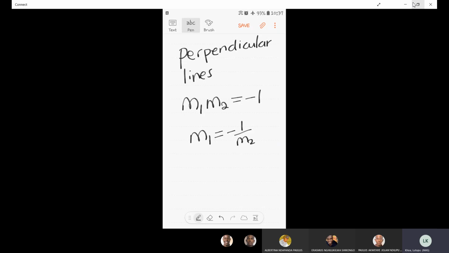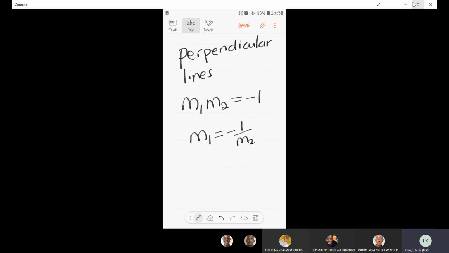I also mentioned that perpendicular and parallel are not, it's not one or the other. You can have lines that are not parallel as well as not perpendicular, because perpendicular just means the angle between them is 90 degrees.